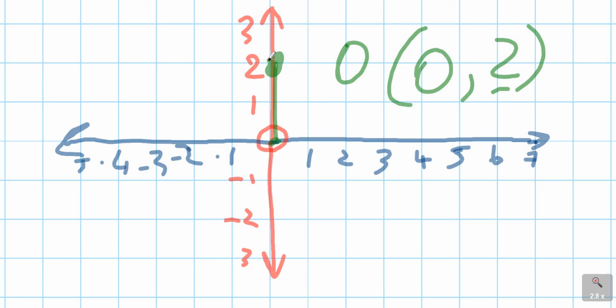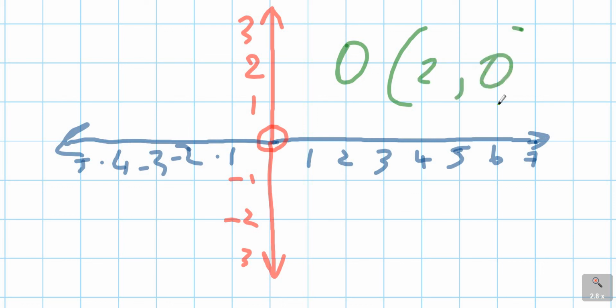And if I interchange the coordinates and write this, how do you think we represent it? Well, we do the same thing. We start at the origin. We have 2 on the x, 0 on the y.